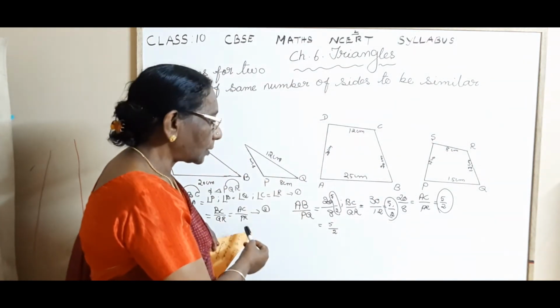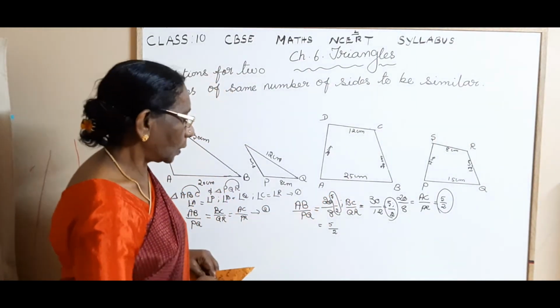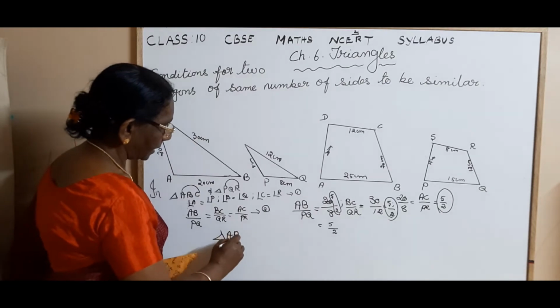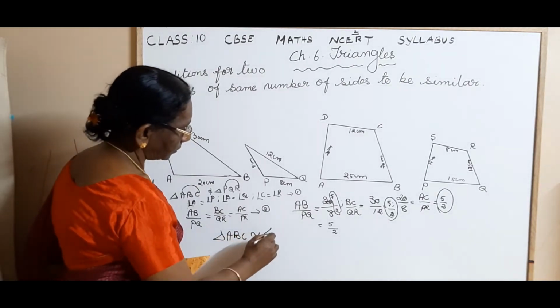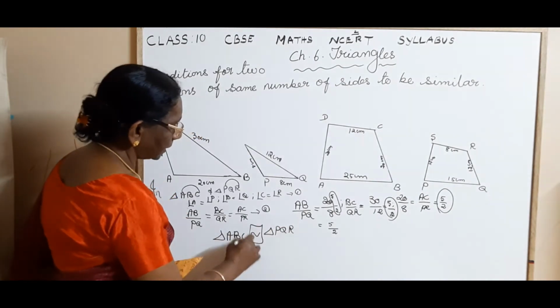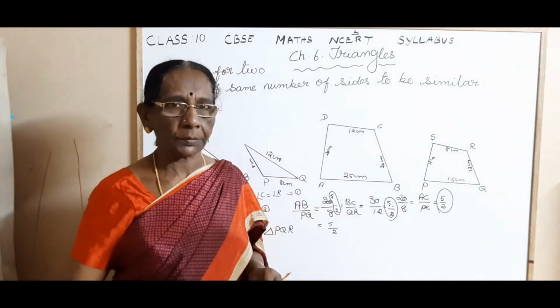Corresponding angles are equal and corresponding sides are proportional. Therefore, you can write triangle ABC is similar to triangle PQR. Okay. This is the symbol for similarity property. Have you understood, children?